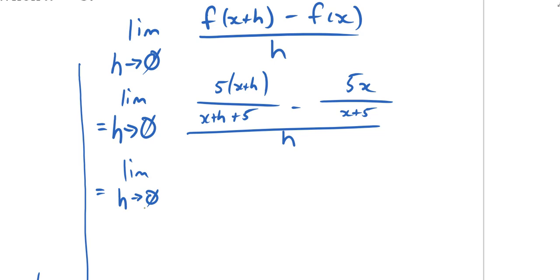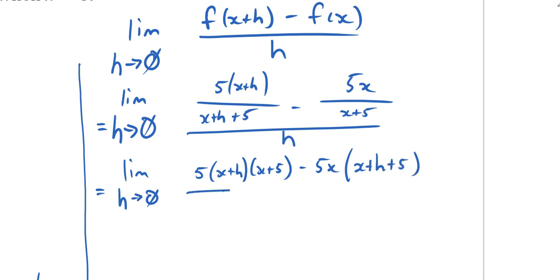Again, I'm going to do a common denominator, so I get 5(x plus h)(x plus 5) minus 5x times (x plus h plus 5), all over h times (x plus h plus 5) times (x plus 5).